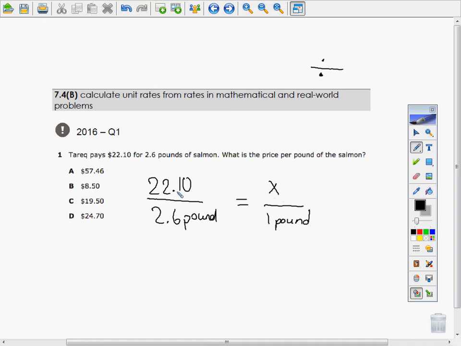When you look at here, $22.10, it's for 2.6 pounds. So per pound we gotta pay less than $10, right? Look at the options.